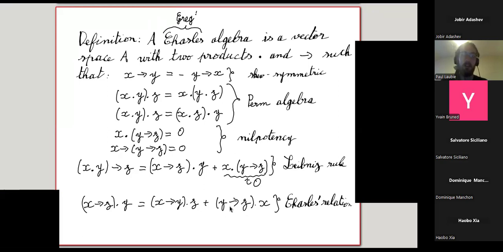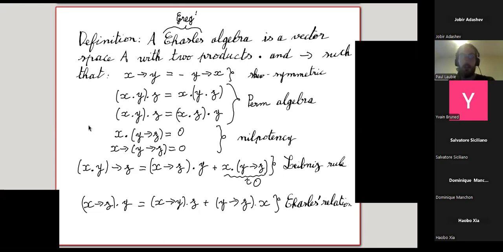This is why I noted this with an arrow. The skew symmetry means that going from x to y is the opposite of going from y to x. And we also have the permutative algebra and some nilpotency relations because this is a general fact that the fewer relations you have in an operad, the more you have in its Koszul dual.